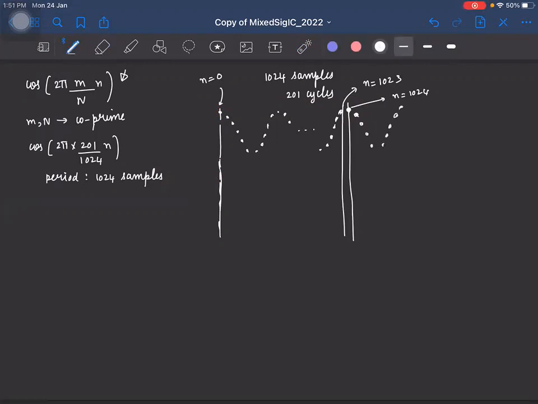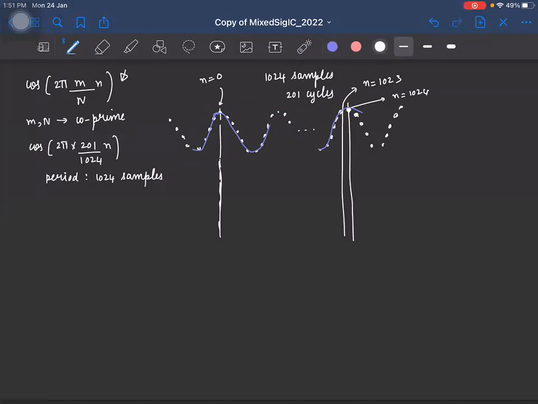Similarly, to the left side I'll have the same repetition, so the sample at n equal to 1023 will come here to the left. The signal looks like this, a smooth sinusoidal signal, and there is no problem with this.